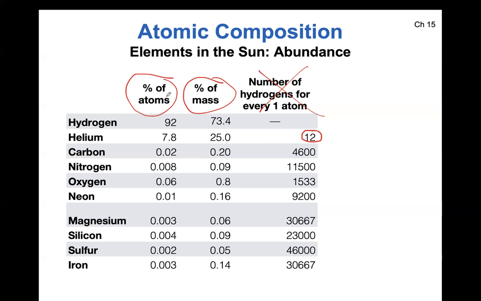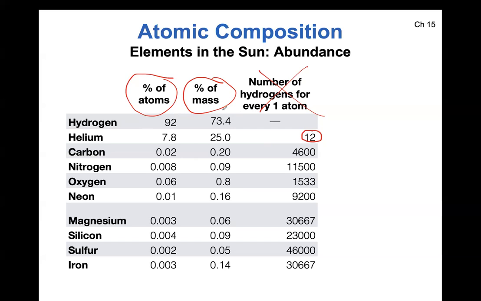Now I want us to think percentages again and just notice that although 92% of the atoms inside the sun are hydrogen, I always start that sentence in a way that makes it harder to finish, but you get the idea, right? 92% of the atoms are hydrogen atoms. Well, only 73.4% of the sun's mass comes from hydrogen.